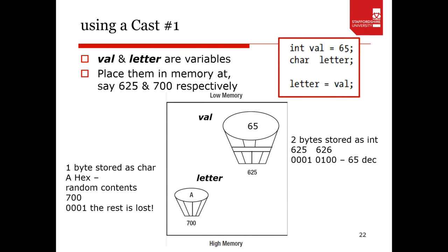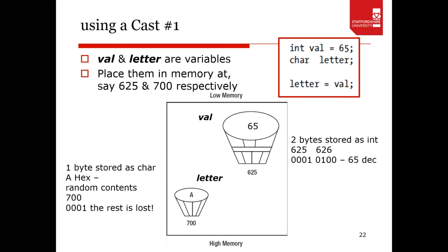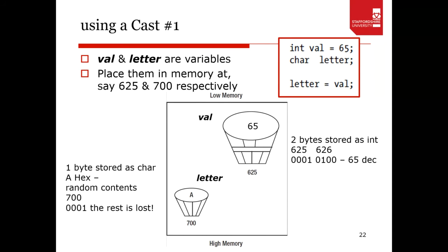So, for example, val and letter are variables. Place them in memory at, say, 625 and 700 respectively. So int val is 65, and char is letter.